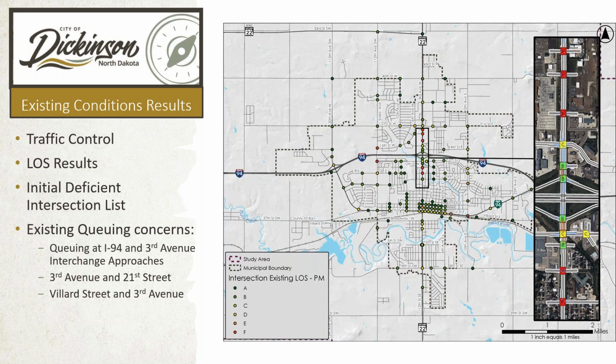While the level of service was acceptable for those intersections, just having that visual model to identify where those queue lengths could become an issue in future results allowed us to better plan for improvements and access considerations in those areas.